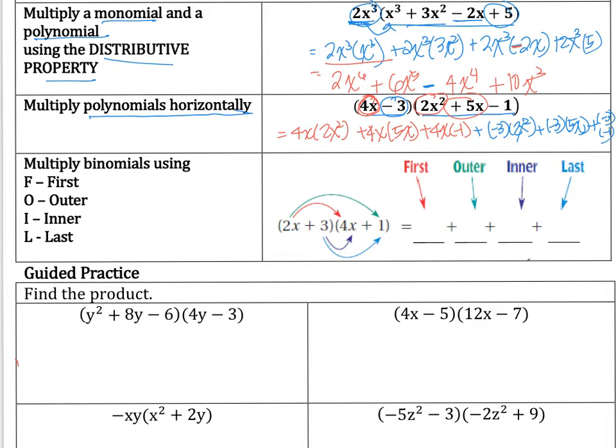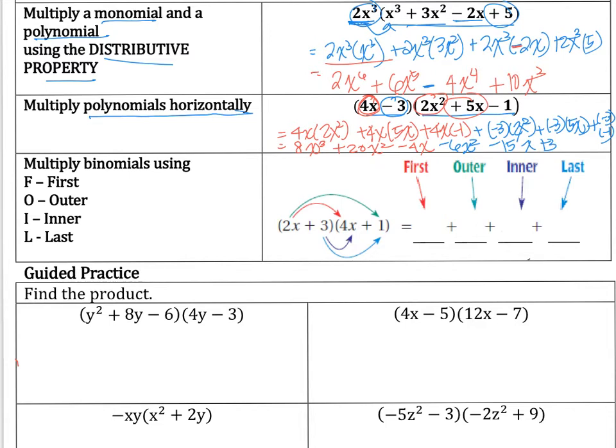Now this would be 8x cubed plus 20x squared followed by negative 4x. And then this one would be minus 6x squared minus 15x plus 3.